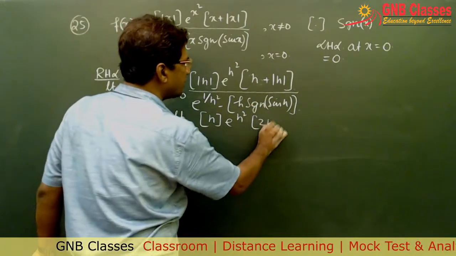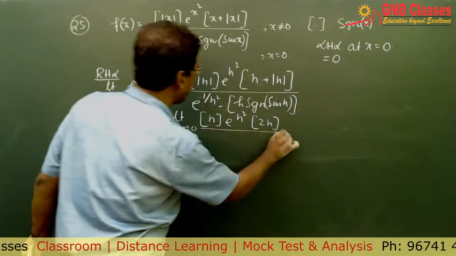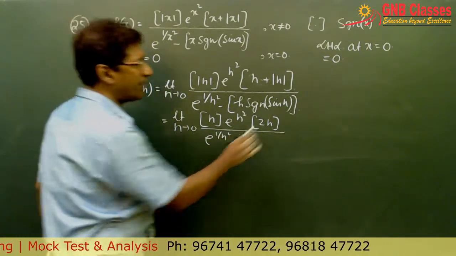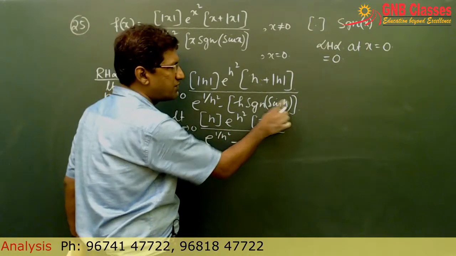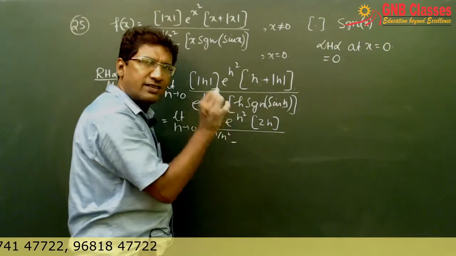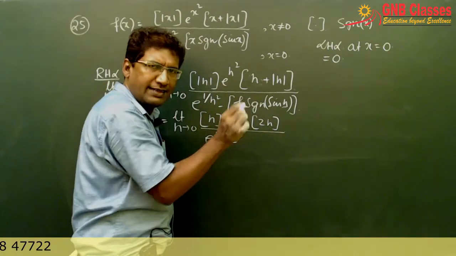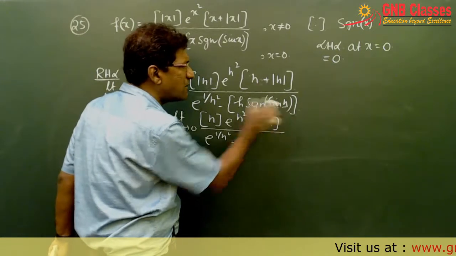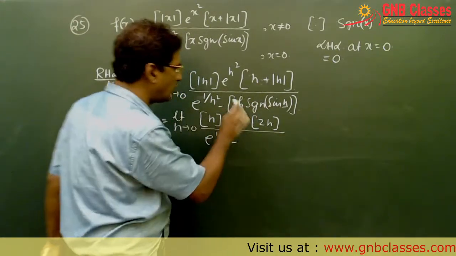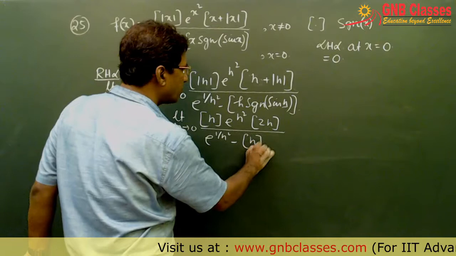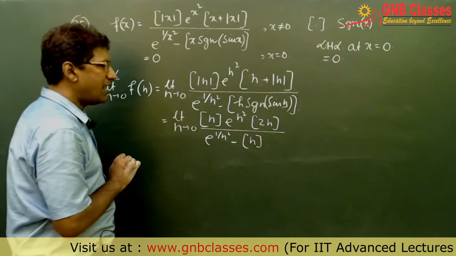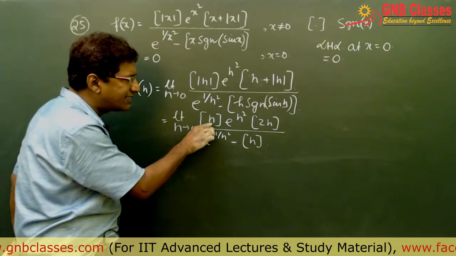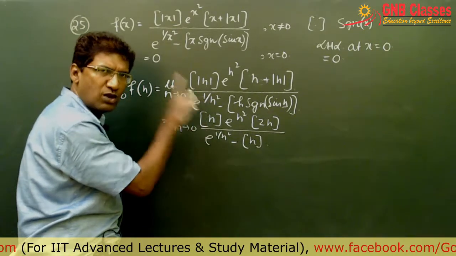Again, this one is coming to 2h divided by e to the power 1 by h squared minus. Look carefully. h is a very small positive number, so sine h is slightly positive. It is slightly more than 0, so it is positive. So signum of sine h will give you 1 only. So this one is coming to box of h, and box of h will give you 0.